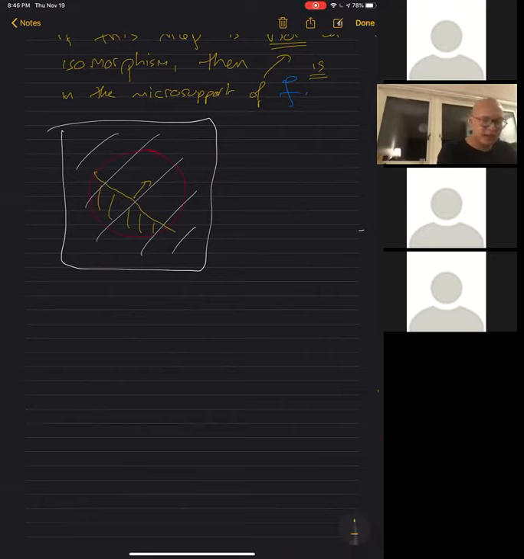Of course it is, because it's the constant sheaf. So the restriction is an isomorphism, so this vector is not in the microsupport.